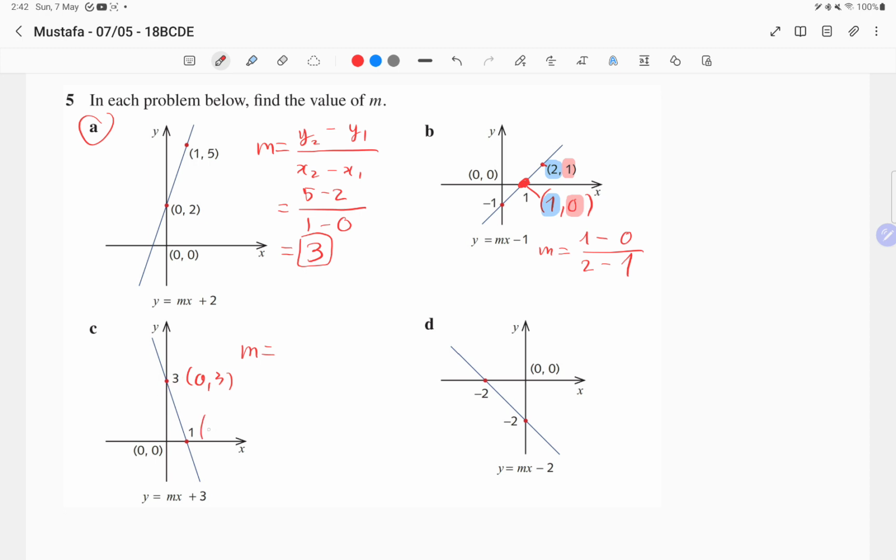That's 1, 0. Yes, if it's on the x-axis, the y coordinate is 0. Okay. So know that when you write y2, it should be lower.